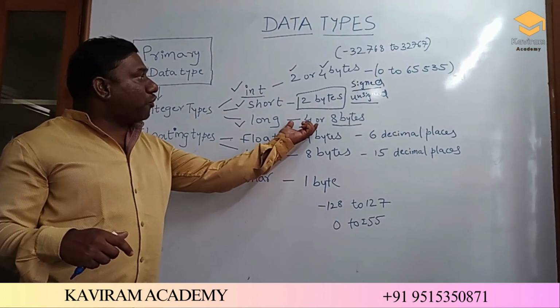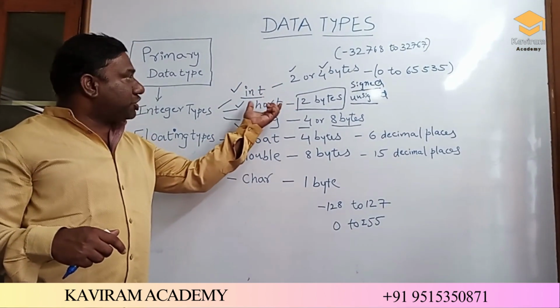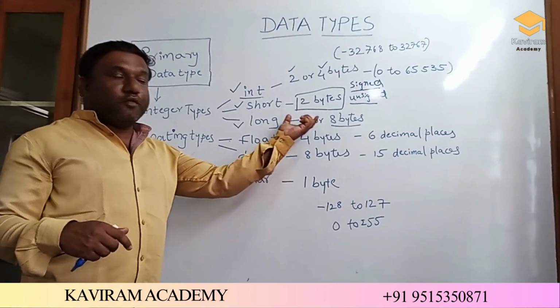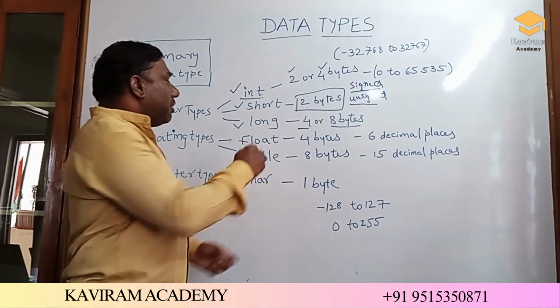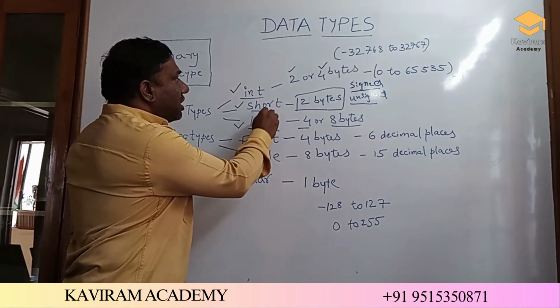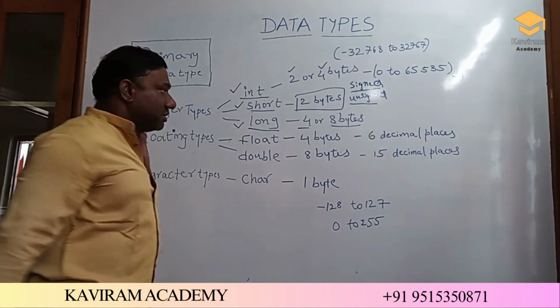We can't store a 4 byte value in a 2 byte integer or short. So whenever your value is 4 or 8 bytes, we need to declare that variable as long. If it is 2 bytes, we can store it in short, or if it is 2 or 4 bytes, we can store it in integer.